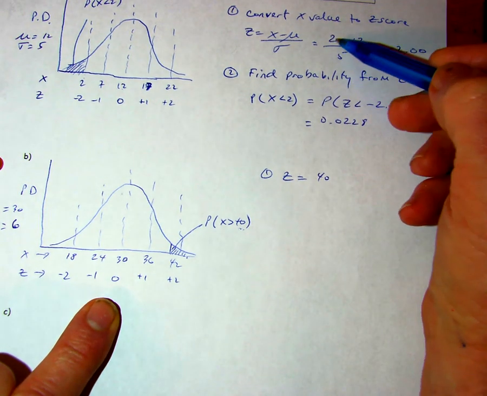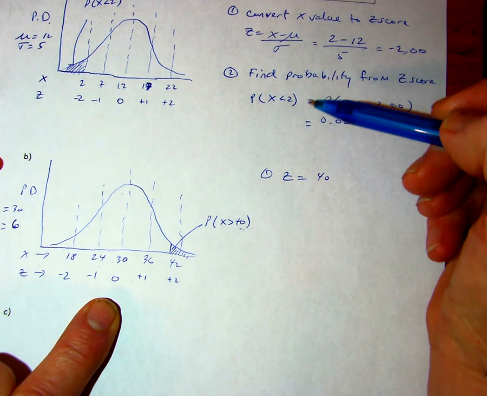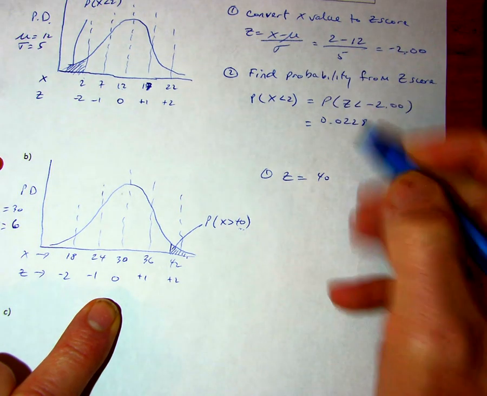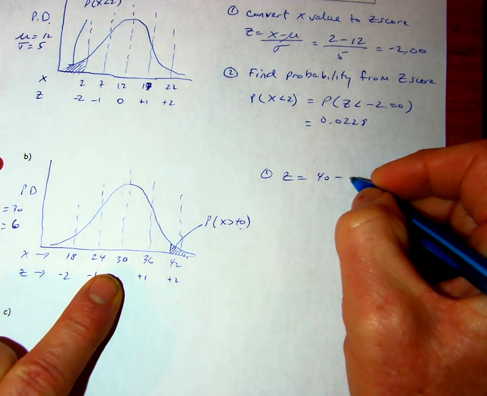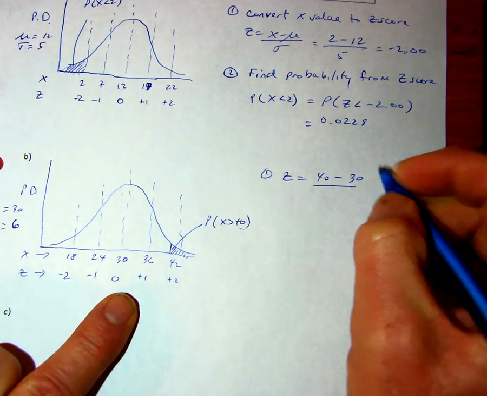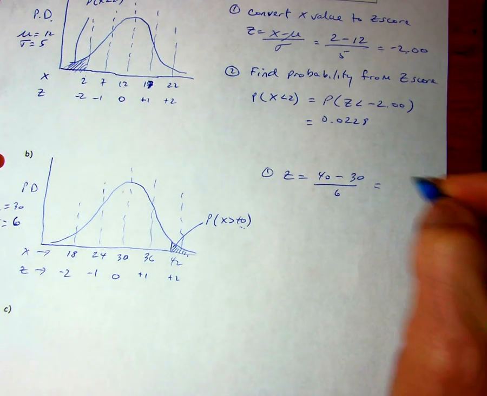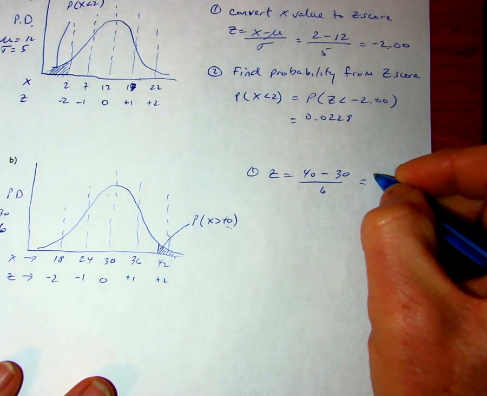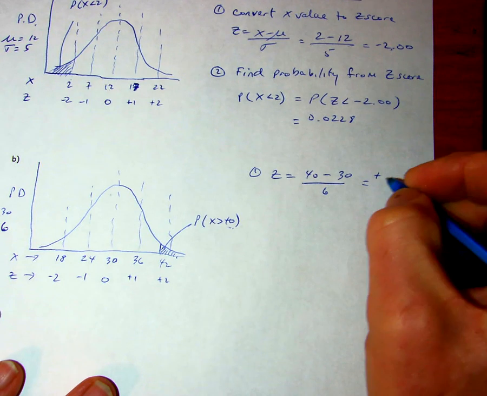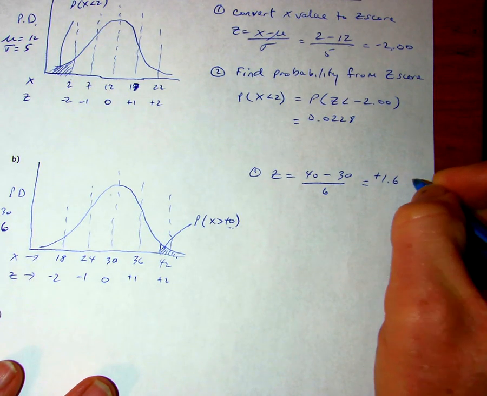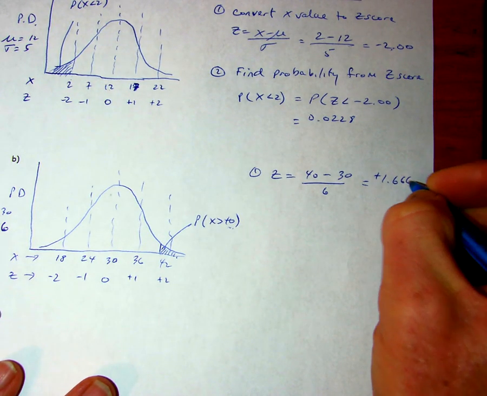That's the value, and then minus the mean. The mean is 30, all over the standard deviation, which is 6. So that's going to be 10 over 6, which is positive 1.666666, I guess.